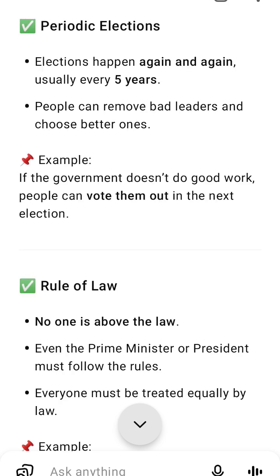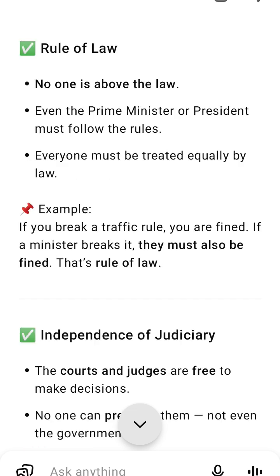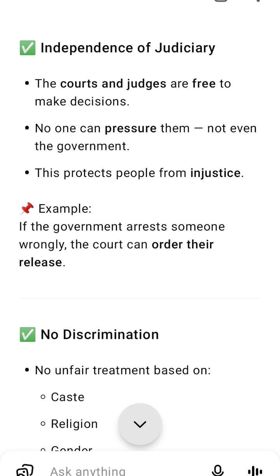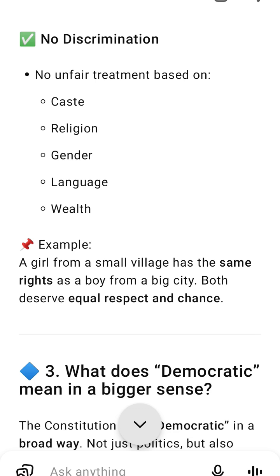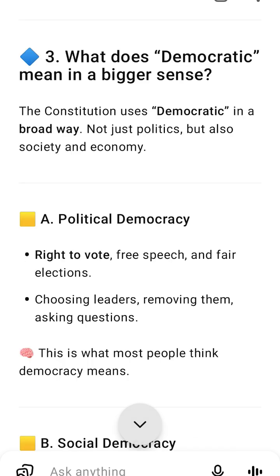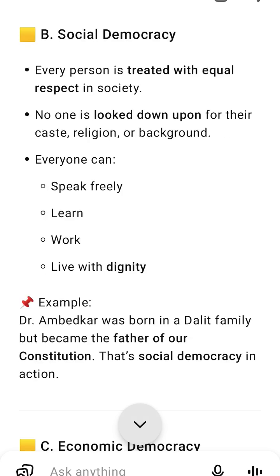Economic democracy. Everyone should have a fair chance to earn a good life. The government should work to reduce the gap between the rich and the poor. Public resources and opportunities should benefit everyone, not just the wealthy few. This shows that democracy is not just about electing leaders. It's about creating a society where everyone lives with equality, justice, and dignity.